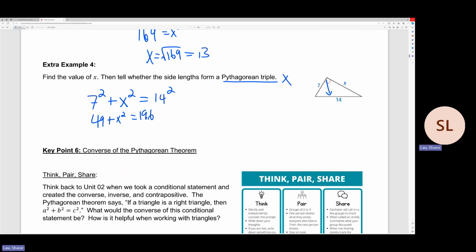Subtract 49 on both sides, we get x squared equal to 147. Take the square root of that, and we'll find that the square root of 147 is not a perfect square, or is not a perfect value. It'll be some sort of decimal value. So because that's the case, we know for sure it's not a Pythagorean triple. Okay.